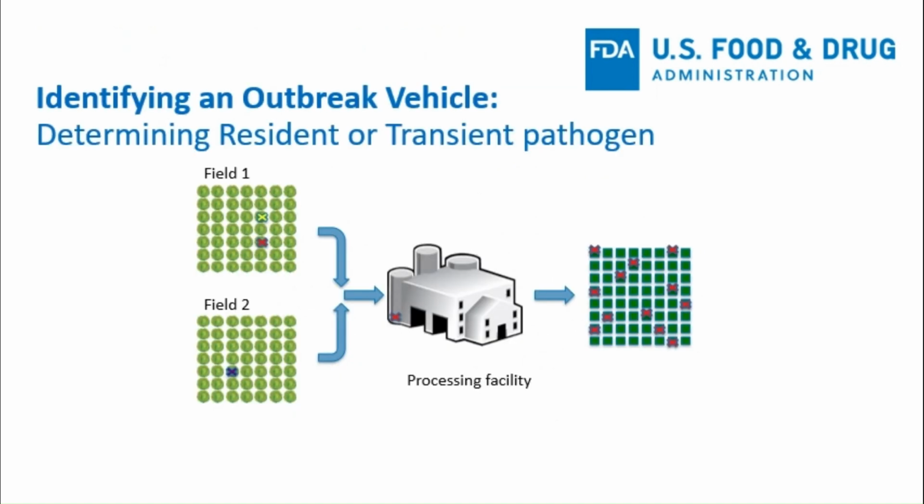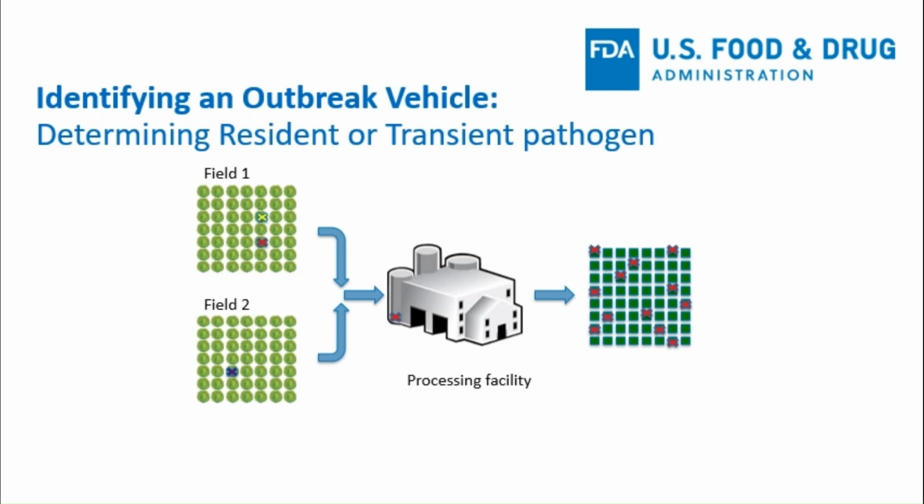So what we're most interested in is looking for a resident pathogen. These cause the most contamination and outbreaks. And so a resident pathogen can either be in the field. This could be contaminated water or contaminated soil amendments.